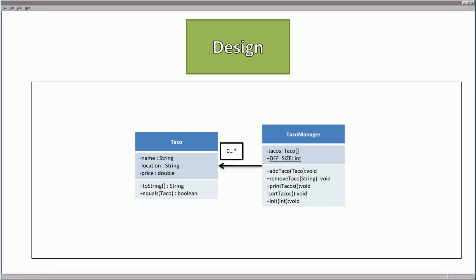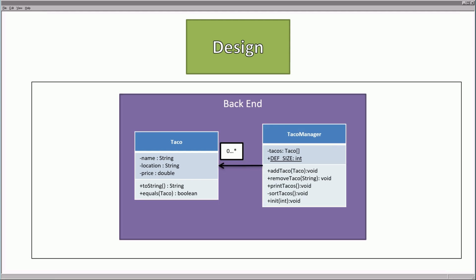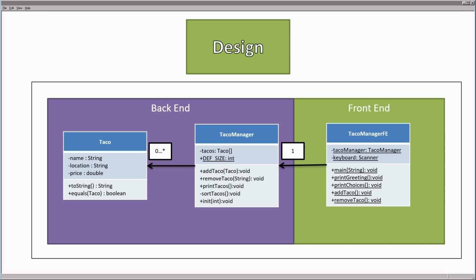Now what we have developed so far, I would consider this to be the back end. This is all of the functionality that we're going to be using to solve this problem. However, we still need to create a simple and easy to use interface, and once again, that feels like a separate noun. So this is where we introduce the Taco Manager FE, the front end.